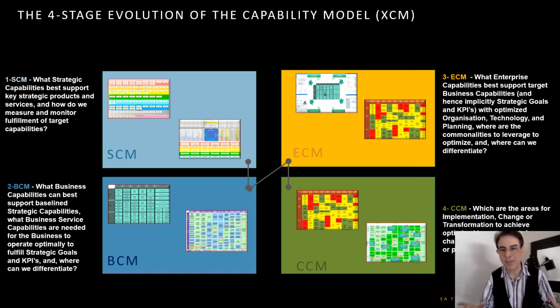So when we are talking BCM, we don't want to limit ourselves by what might constrain us today in terms of our budget, our technology, accessibility, our know-how, etc. We want to design the best business that we can design that will fulfill what our business strategy has defined for us to achieve, and then we will need to optimize it based on our constraints and limitations and possibilities. So we start with a business capability model, agnostic, and then make it deployed and implemented.